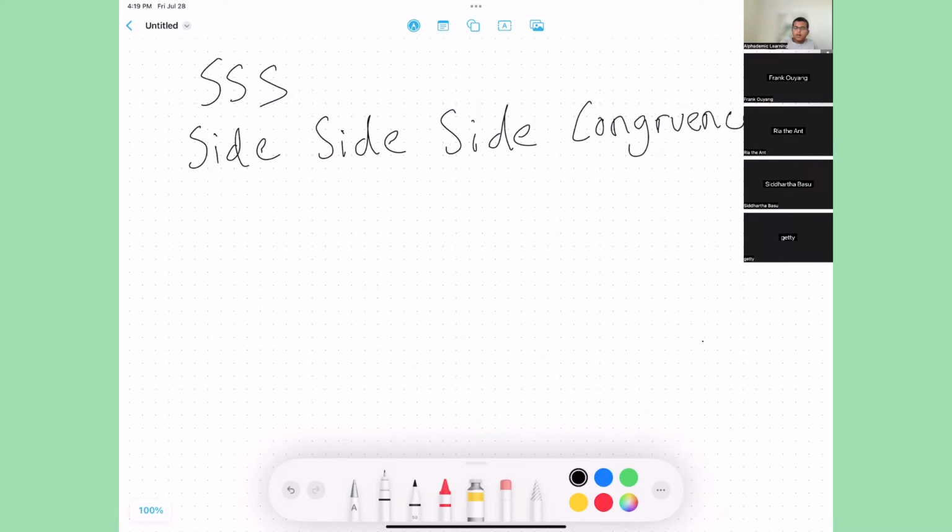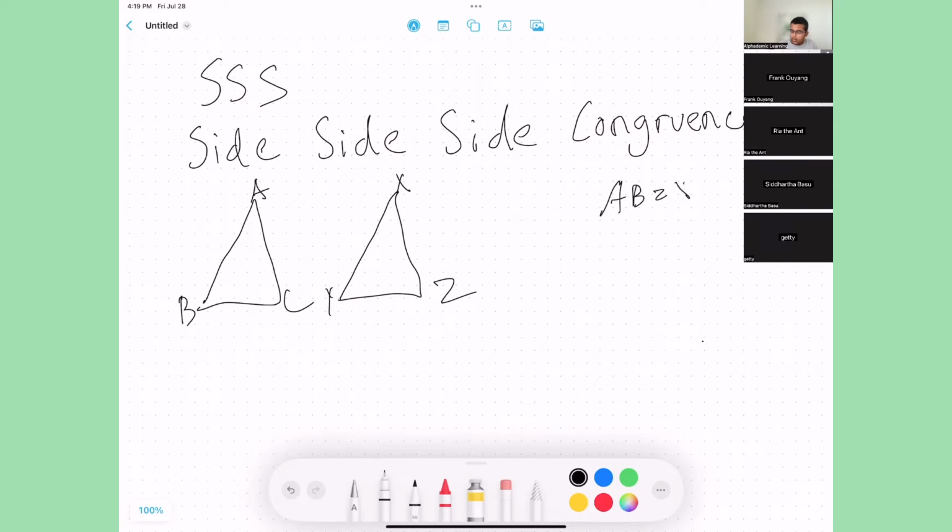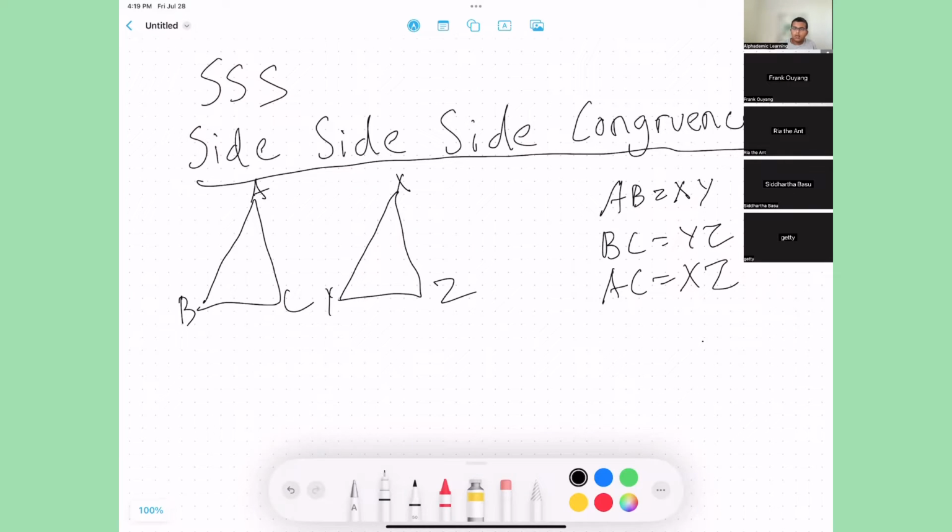Basically, what you can get from the name is that if I have two triangles, ABC and XYZ, and the problem statement says that the corresponding sides AB equals XY, BC equals YZ, and AC equals XZ, then the triangles are going to be congruent to each other by this side congruence theorem.